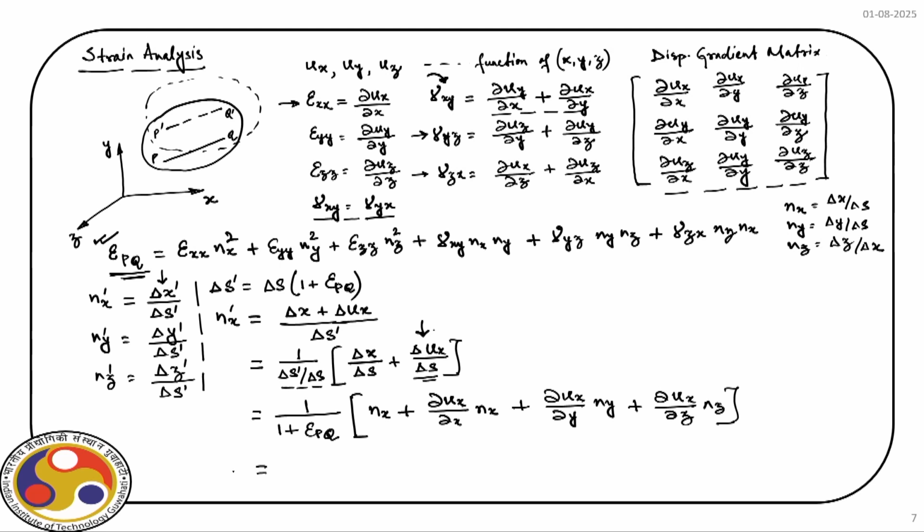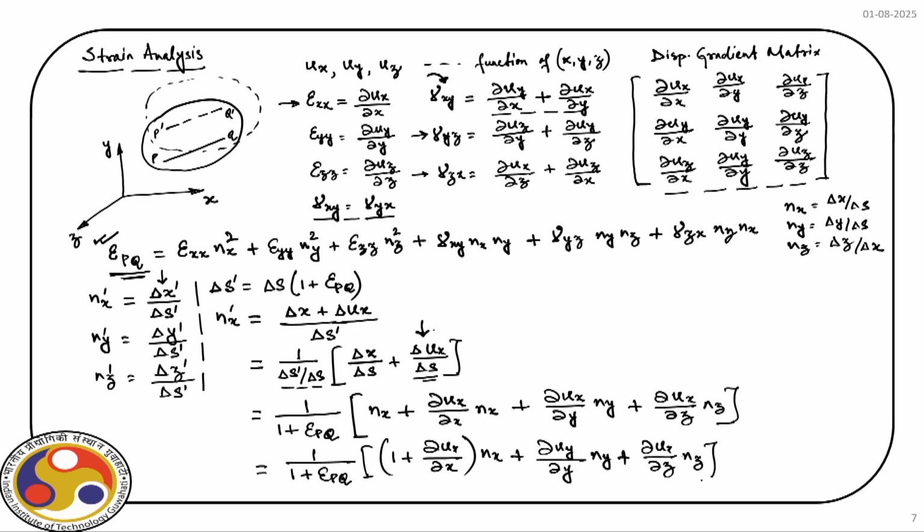You can refer to our previous class notes, right. So, we can simplify this. What we have here is 1 by 1 plus epsilon PQ, and then within bracket we have 1 plus the differential of ux with respect to x times nx plus, and so on. So that is the expression for nx prime.